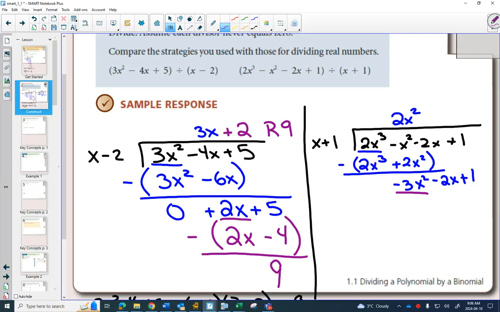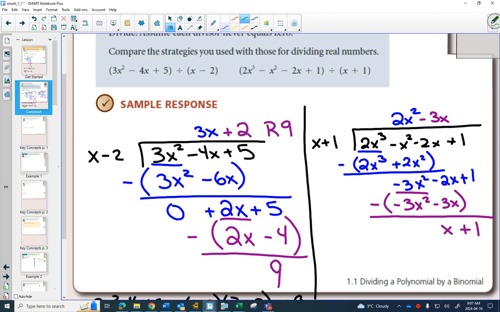To get minus 3x squared, negative 3x. So we'll write negative 3x times x is negative 3x squared, and negative 3x times the 1 is negative 3x. Put that in brackets and subtract. Negative 2x minus a negative 3x will be plus 1x, and then we're left with a 1.